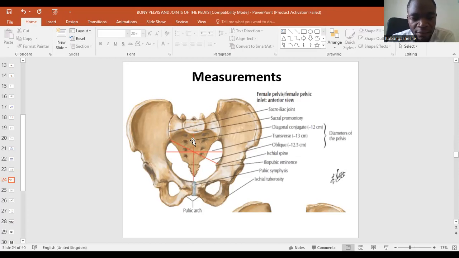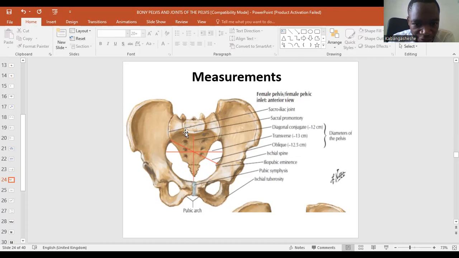Now, the sacral bones are fused to give us a single sacral bone. But the first body of the first sacral bone projects into the cavity. So it reduces the diameter of the pelvic inlet. This is the pelvic inlet.